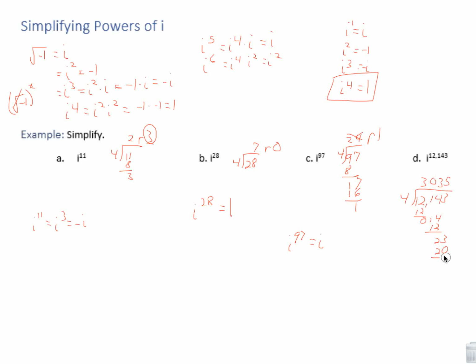And we get a remainder of 3. It's the remainder of 3 that matters. So we look up here. Here's the 3. And so i to the 12,143 is simply equal to i cubed, because our remainder was 3, so this equals -i. And so there's how we can simplify powers of i.